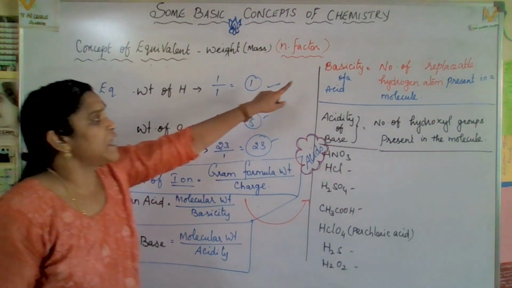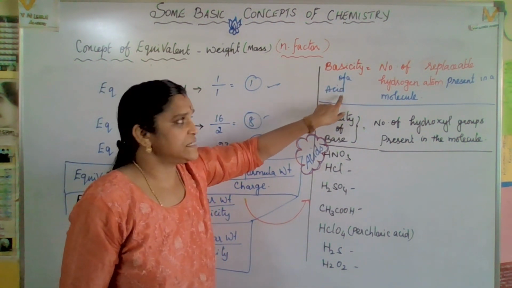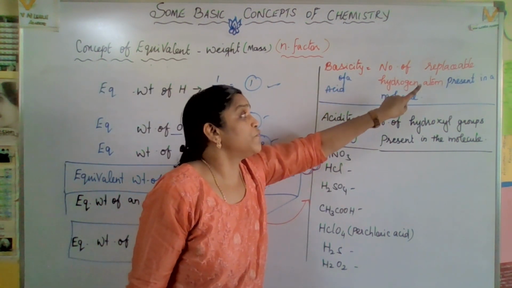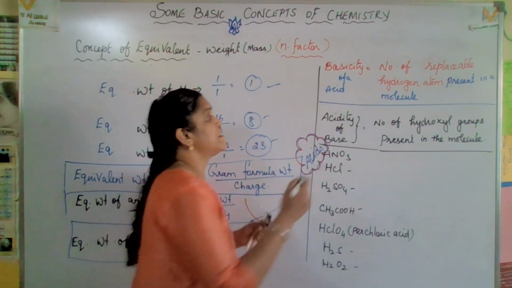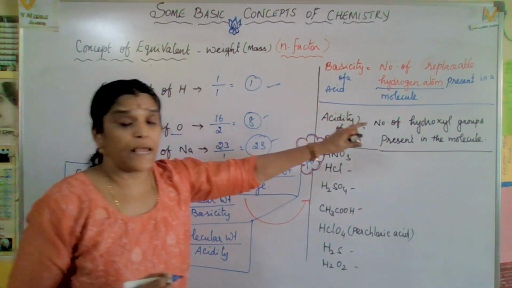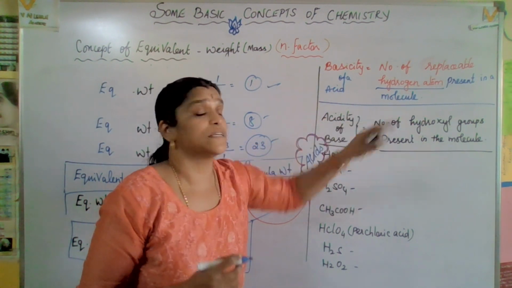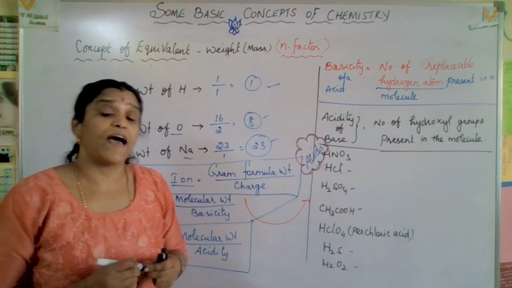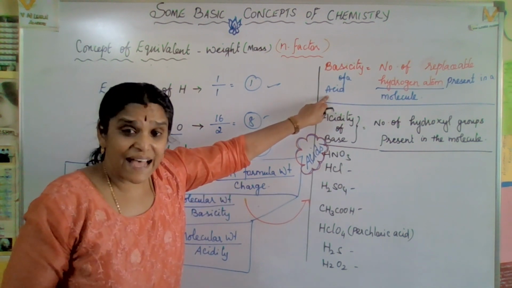Let us check. Basicity of an acid is equal to the number of replaceable hydrogen atoms. Please note down: the number of replaceable hydrogen atoms present in a molecule of the acid.